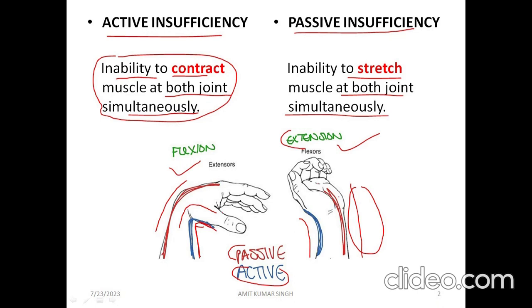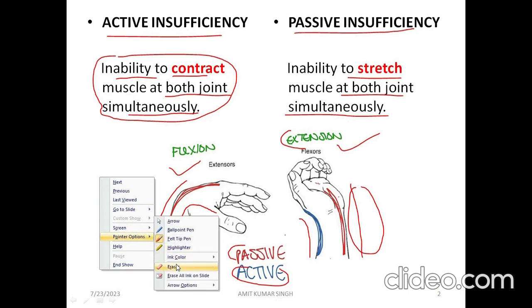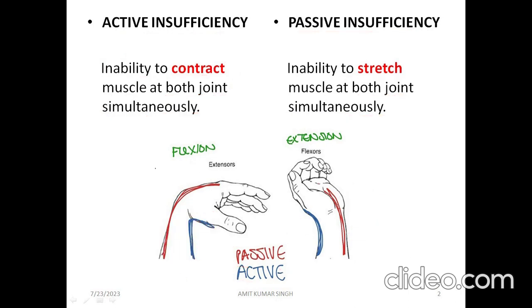Let me explain the same example again with the same movement, so it becomes much easier for all of you. If you see here, blue is active insufficiency and red is passive insufficiency. When the person is trying to do wrist flexion, the wrist flexors are two joint muscles, crossing the wrist, MCP, PIP and DIP.